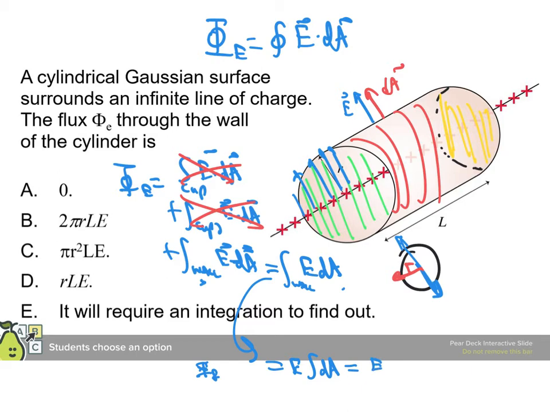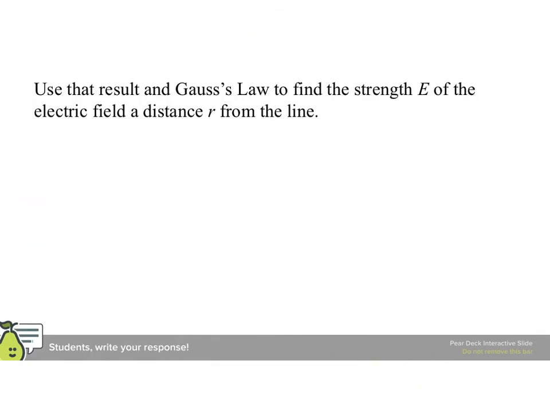The area of a cylinder of radius r and length L is you take the circumference of the circle, 2 pi r, and stretch it out by the length, so times L. So our flux should be 2 pi r L E. All right, and that says use that result. What result? That phi sub E is 2 pi r L E.